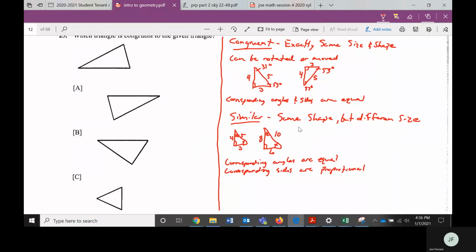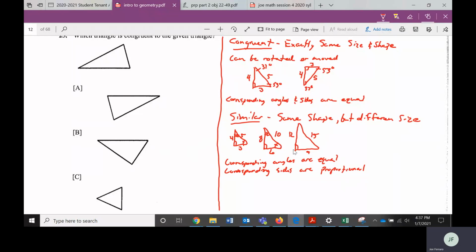We could even do this again, and let's say that's a right triangle, and let's say that's 12, that's 9, and that's 15. Now these are all similar, even though it might be hard to look at this one to this one, because 8 to 12, what do I times by, or 10 to 15? But if you look from the original, 4 times 3 is 12, 5 times 3 is 15, 3 times 3 is 9. So all these would be similar.